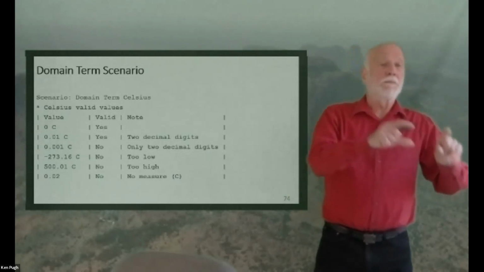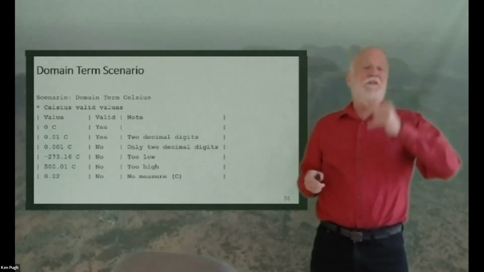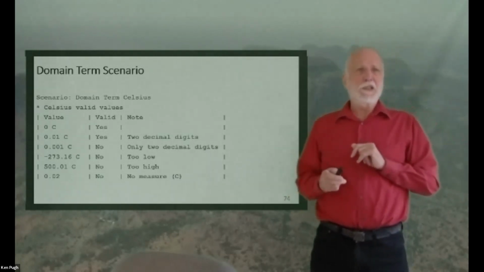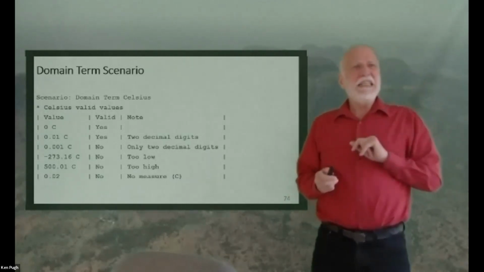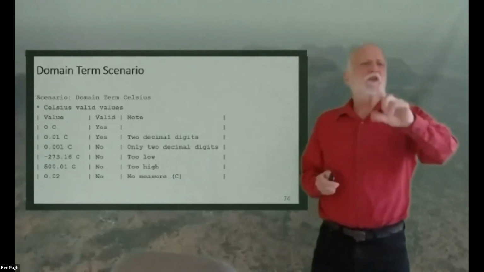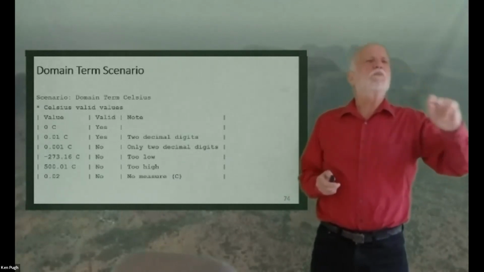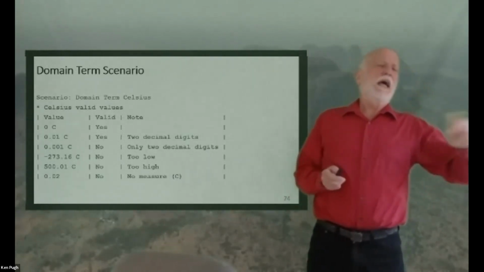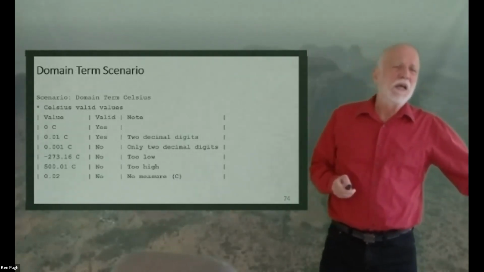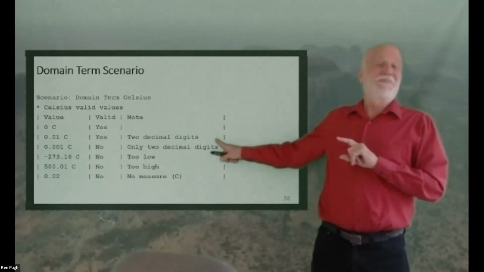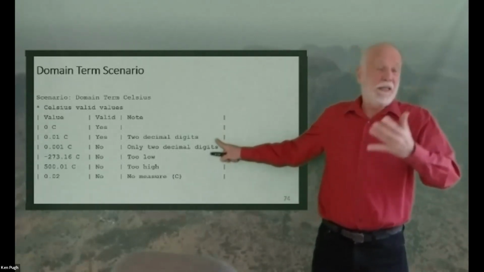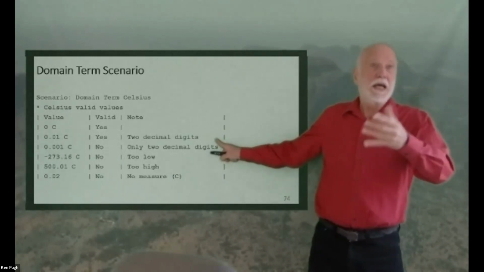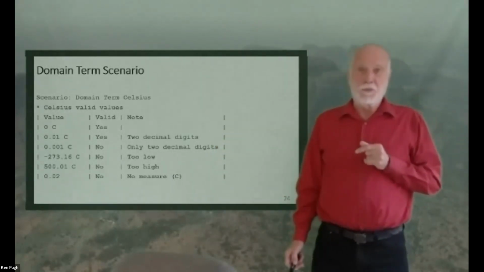They are all important to the business, and therefore, that's why you want to create your domain terms. And then all you have to do is talk about the domain term Celsius. You don't have to worry about all the values, valid or not. They're just all contained. We've already determined and decided upon what are valid values.